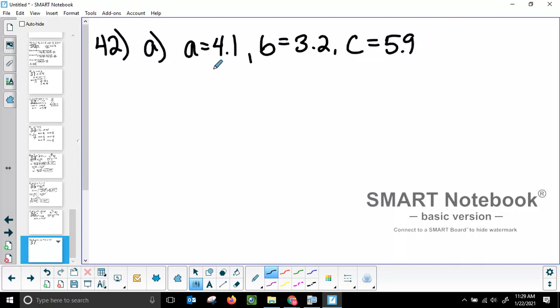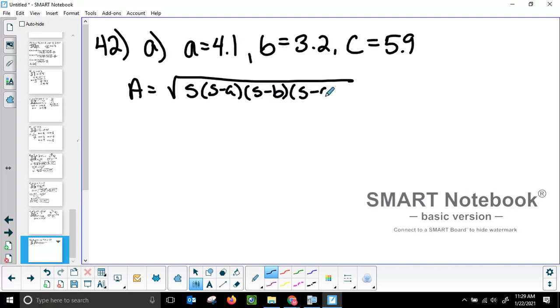All right, so we have all three sides here, so we need to use what's called Heron's formula, which is A equal to the square root of S times S minus A times S minus B times S minus C, where S is equal to A plus B plus C all divided by 2.